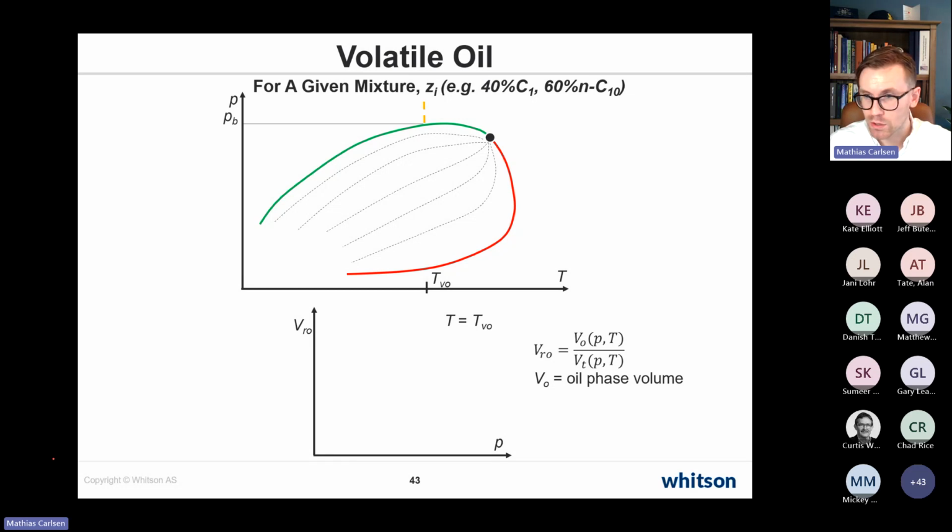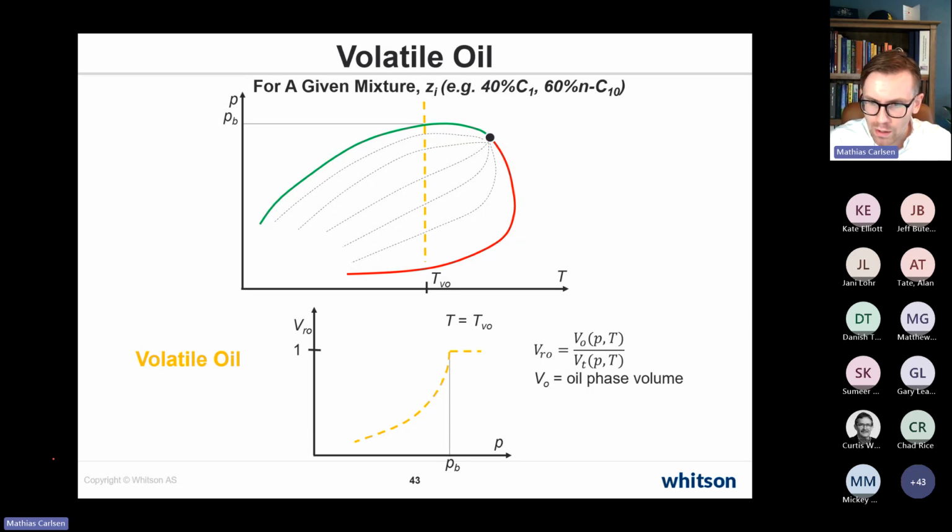But in a similar sense, it's only liquid above the bubble point. It is still exhibiting a bubble point, and the liquid relative volume above the bubble point is 1. As you go below the saturation pressure, the liquid relative volume does not have a linear shape now, but more of a curvature to it. And that's at least how we internally distinguish between a black oil and a volatile oil.